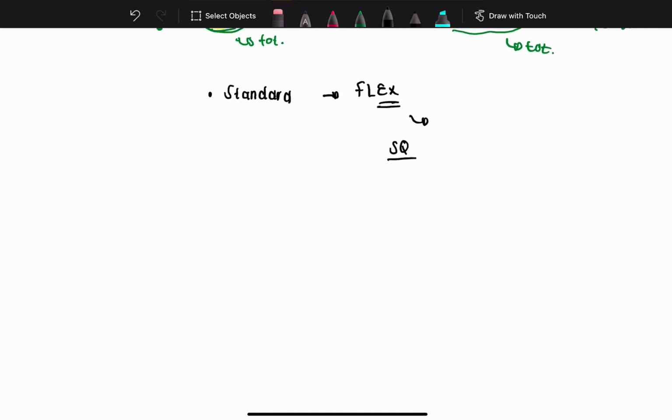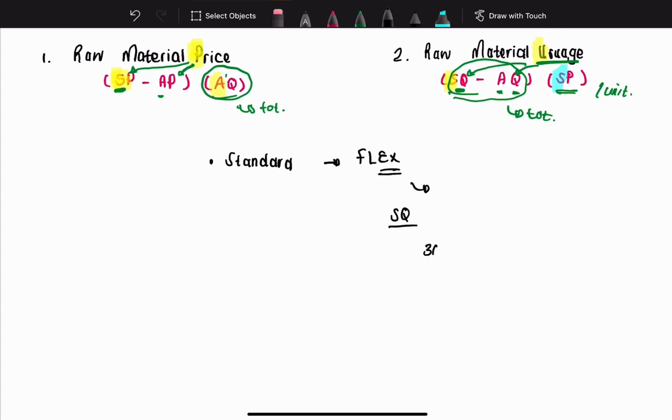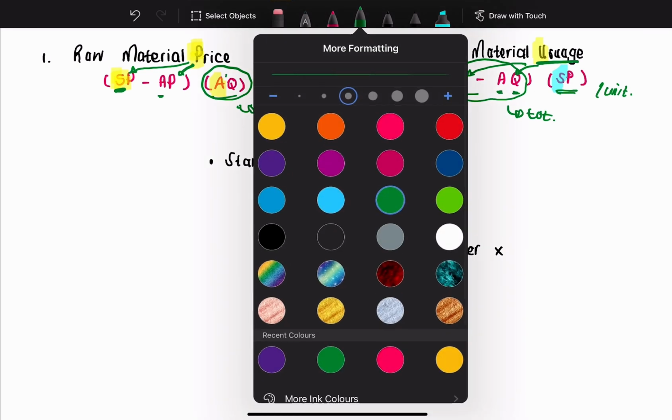We are given 30 units, or rather 30 meters, as they like to give us in the measurements, multiplied by your actual meters used.